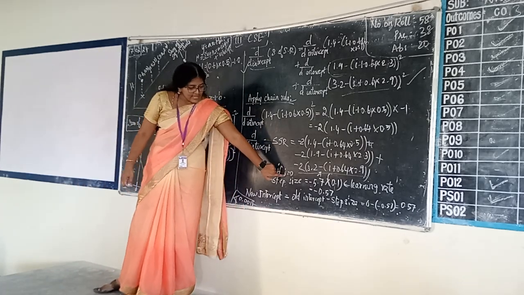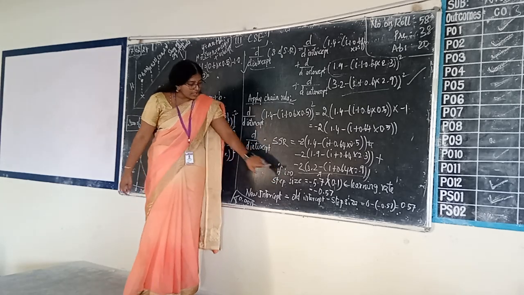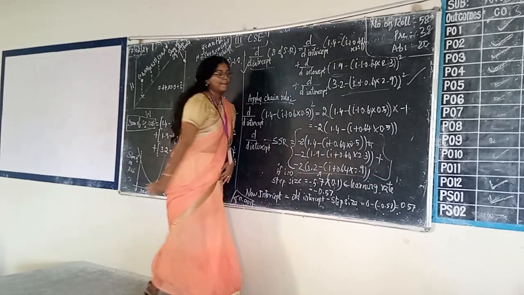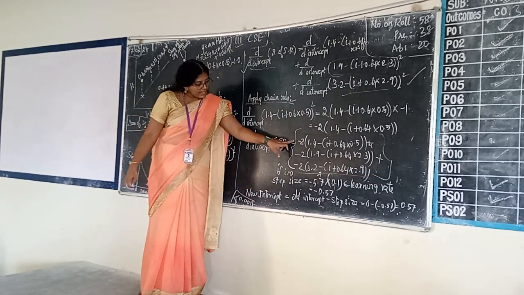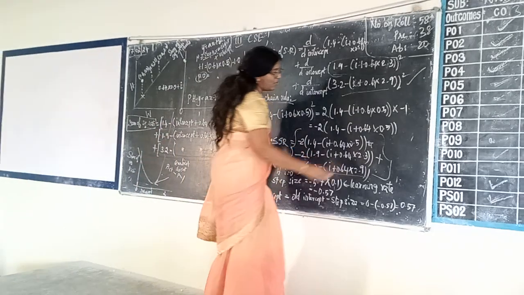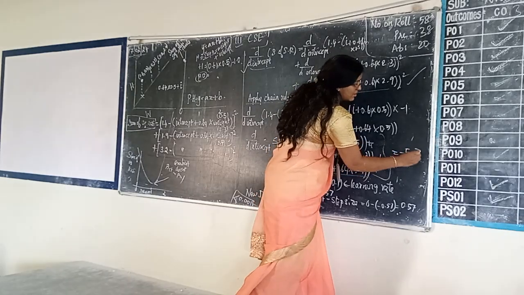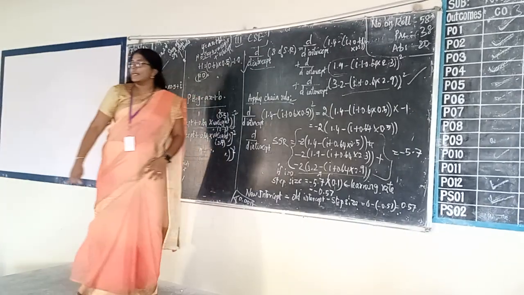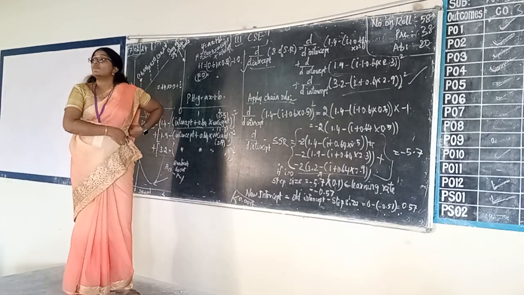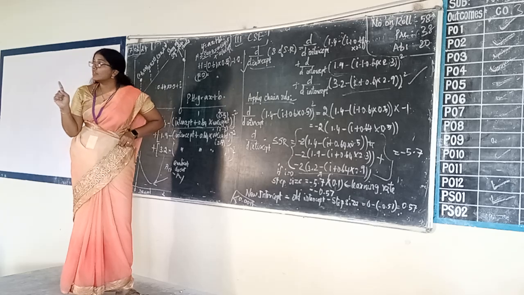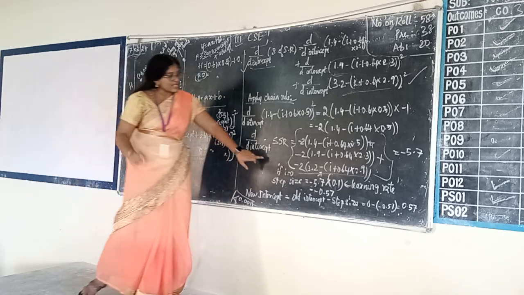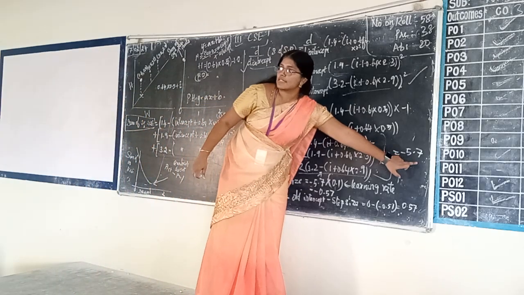If you apply intercept equal to 0 to this step, you will get the value minus 5.7. For intercept equal to 0, the result is minus 5.7.